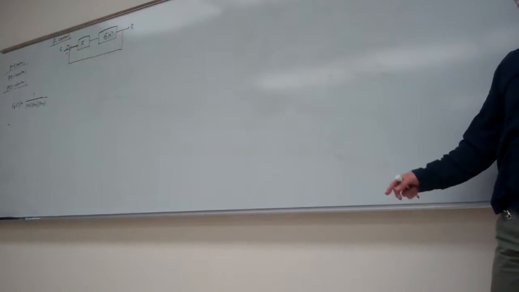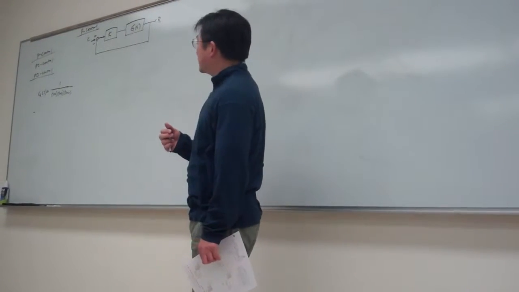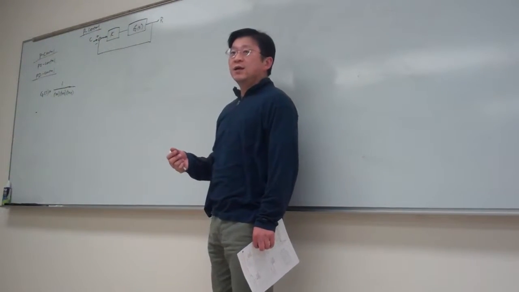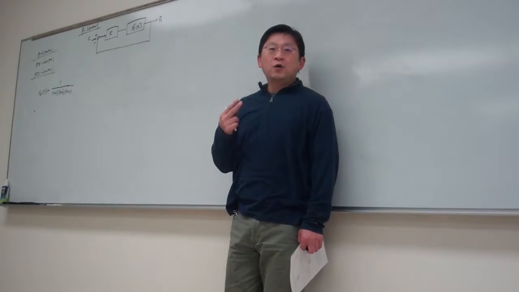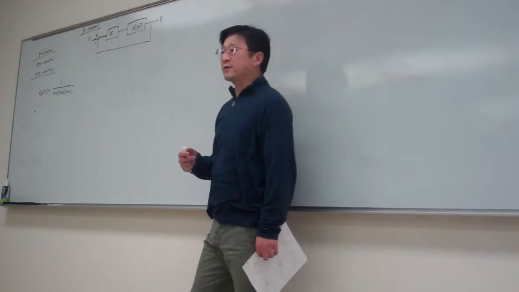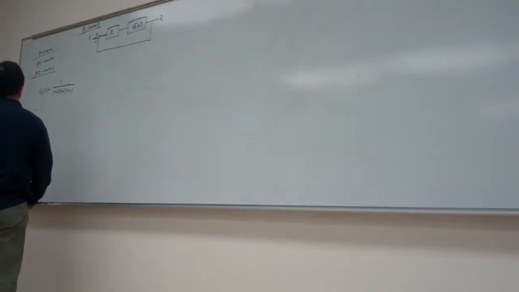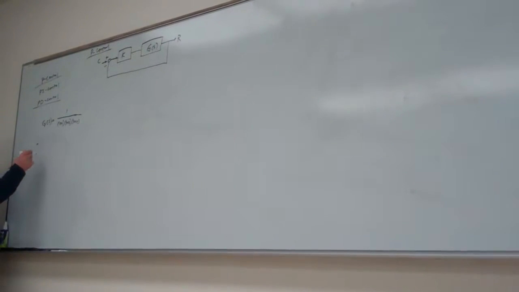So again, we want to meet certain design specifications. And specification is usually in terms of the transient response and also steady state response. So those are the only two categories we have learned so far. So we start from here. Before we proceed, the big picture in our mind is this.